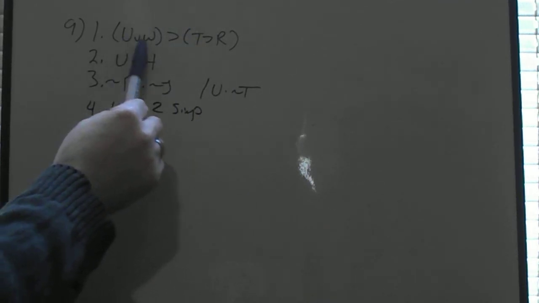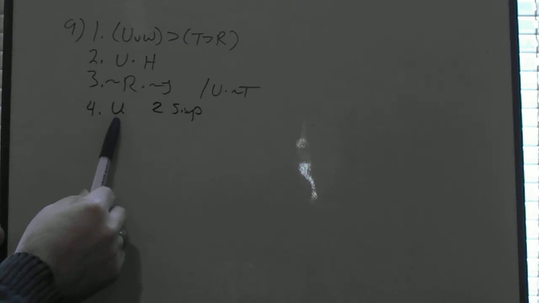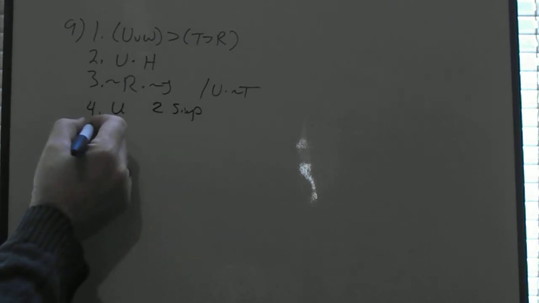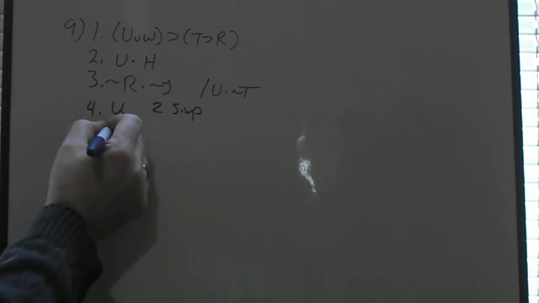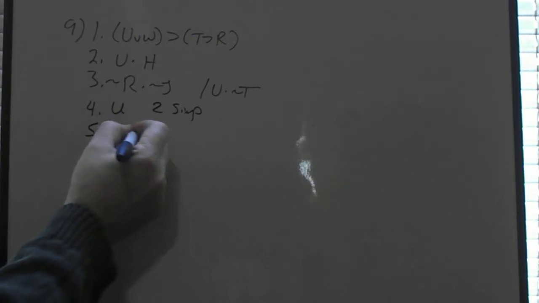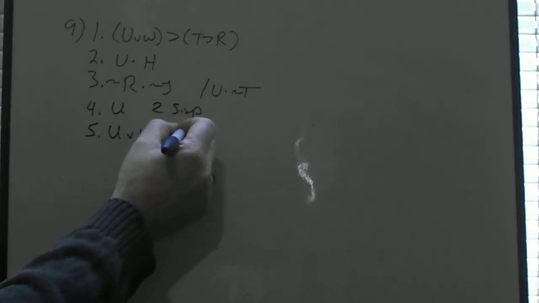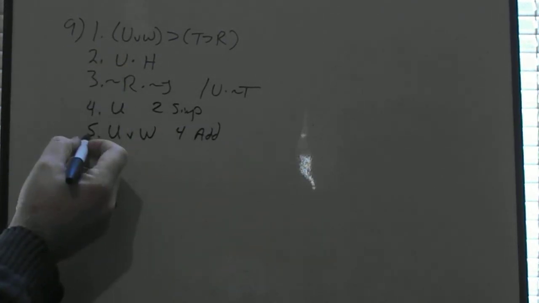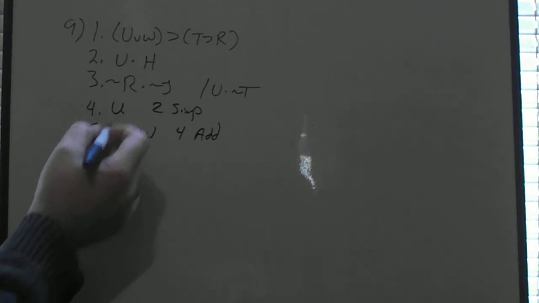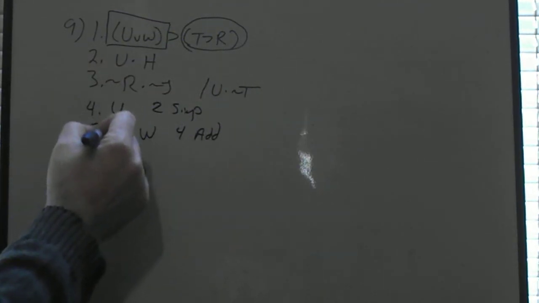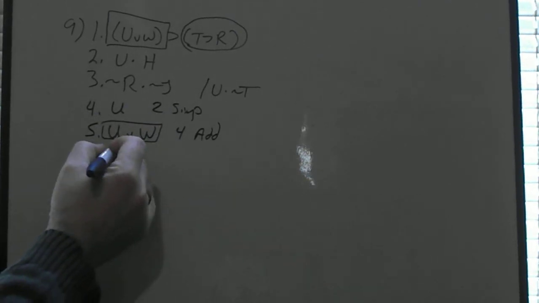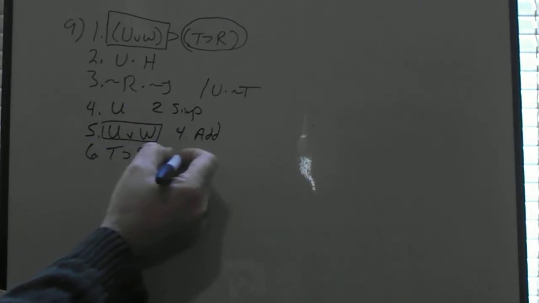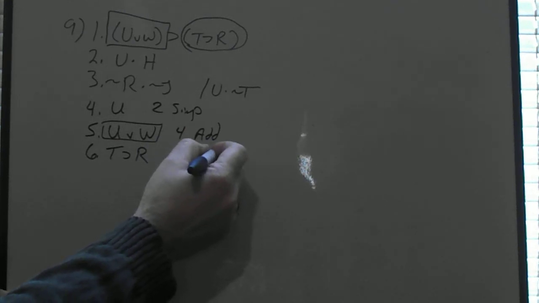To use a modus ponens, I would need the antecedent, U or W. Well, fortunately, here at line 4, I have the U, and with the rule of addition, I can add anything I want, so I'm going to add a W. Make that U or W from line 4 through addition. And now 1 and 5 make a modus ponens. If square, then circle, square, therefore circle. T then R, 1 and 5 modus ponens.